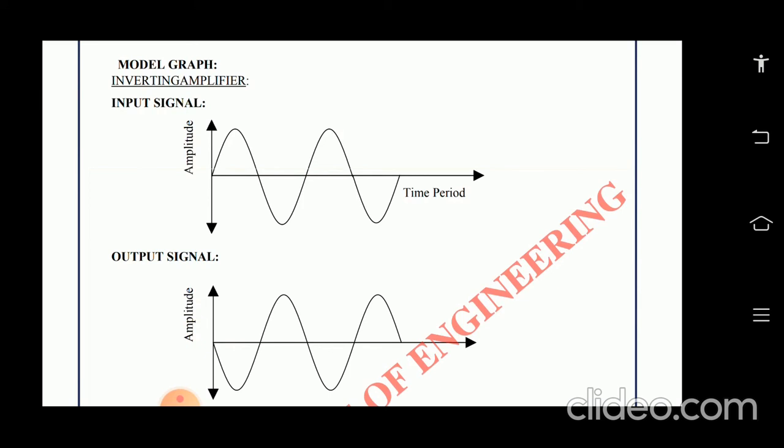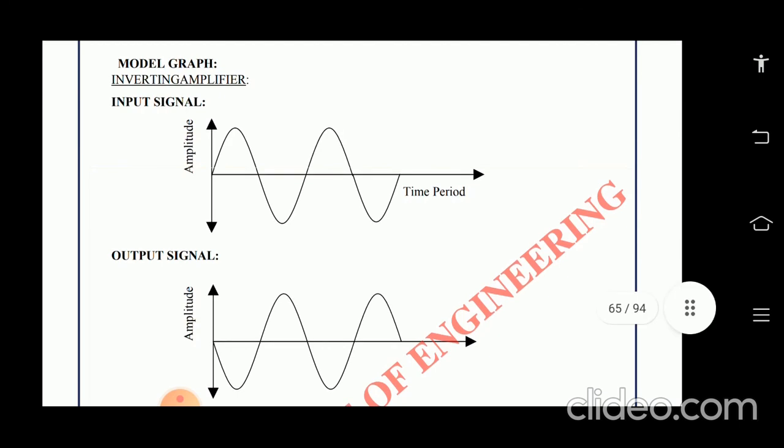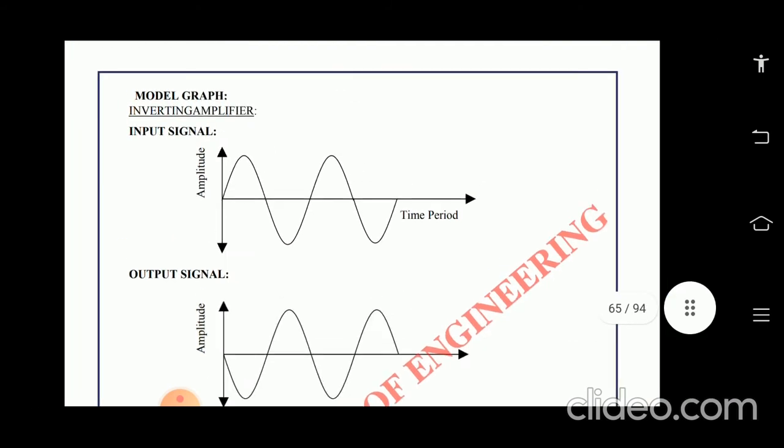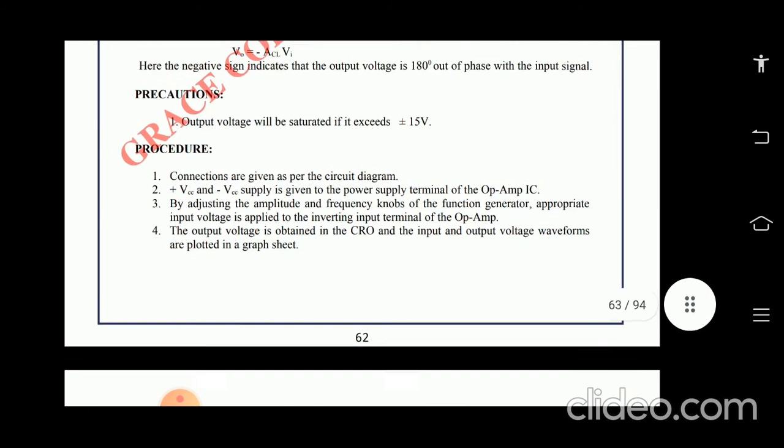When we give the input voltage like this, we are getting the output signal like this, that is it is 180 degree out of our input signal. Okay, so this is the operation behind this experiment.